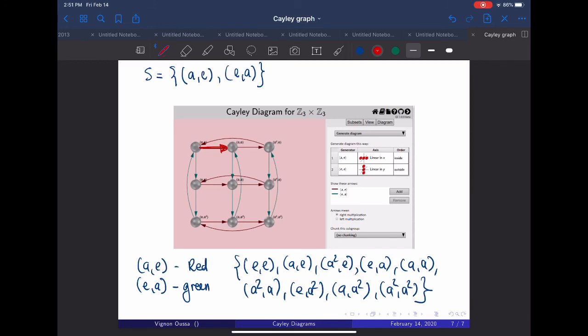If we take AE and we multiply by itself, so we multiply component wise, so that will be A square, E times E is E. So we get this element here. Now if we take A square E and we multiply that by AE, we'll get A cube E, but A cube E is EE.